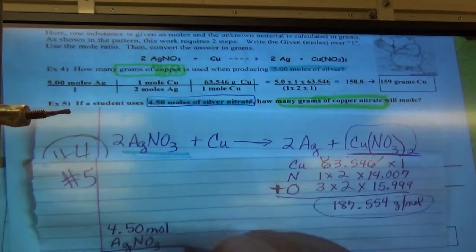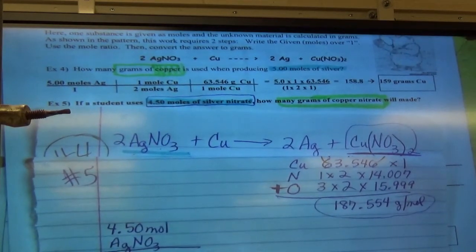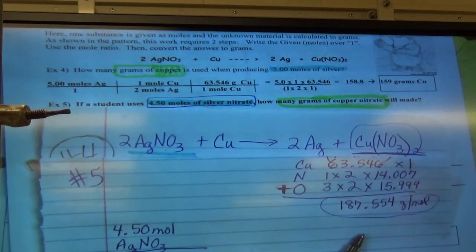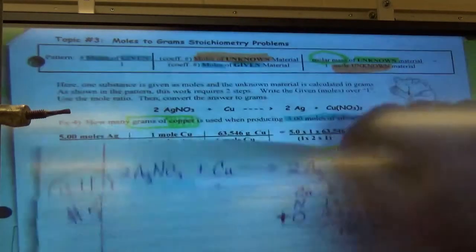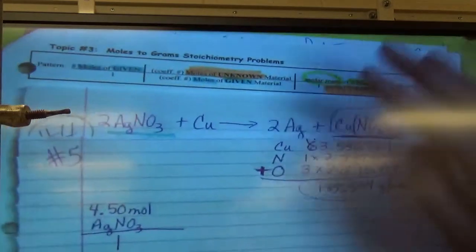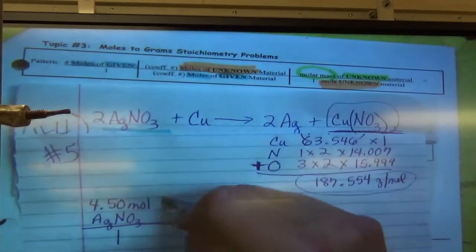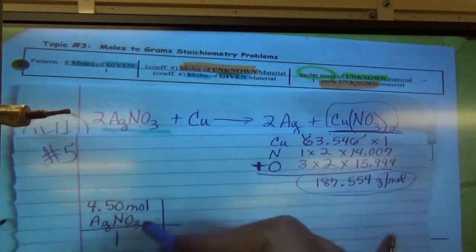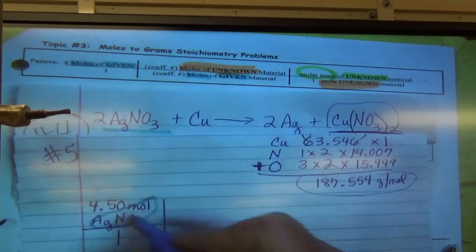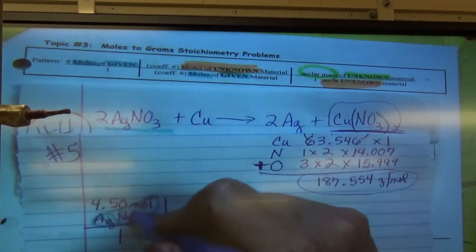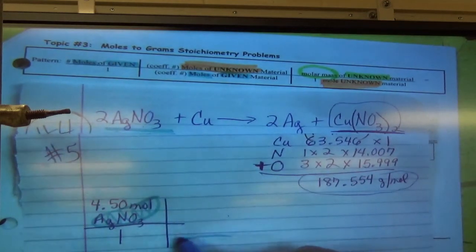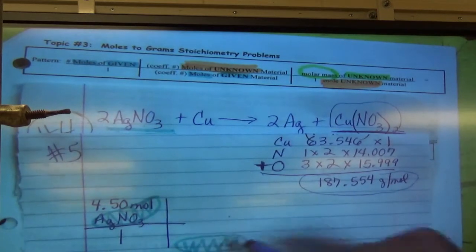Okay, over 1. Okay, and you can use your foldable, or you can remember how units cancel. You can use the pattern on the notes. We need to cancel moles of silver nitrate, don't we? Mm-hmm. We do not want moles of silver nitrate to be in our answer. So I'm going to cancel moles of silver nitrate by copying it to the bottom like we always do.